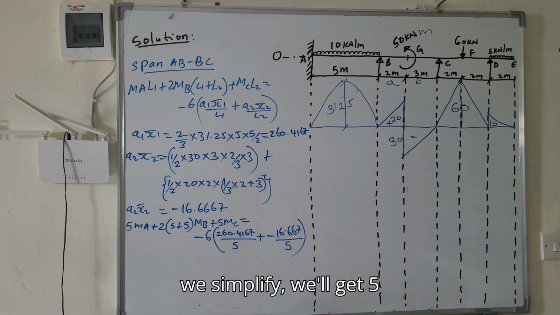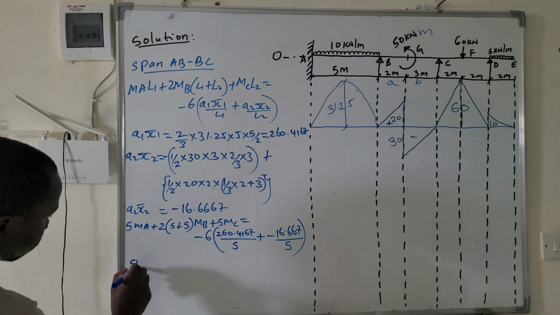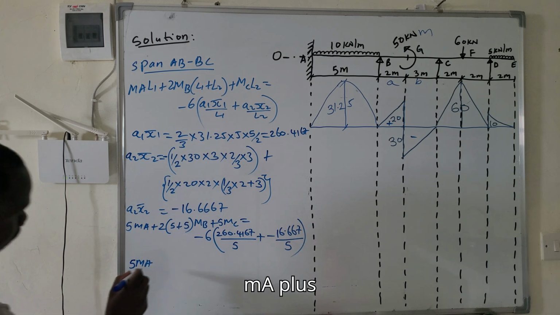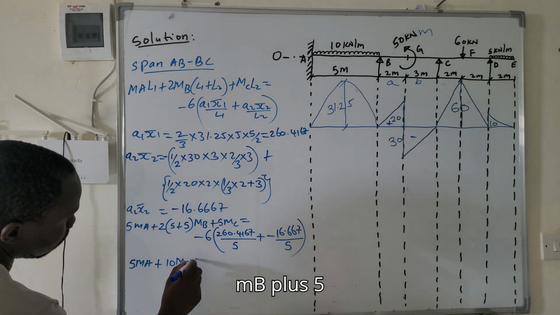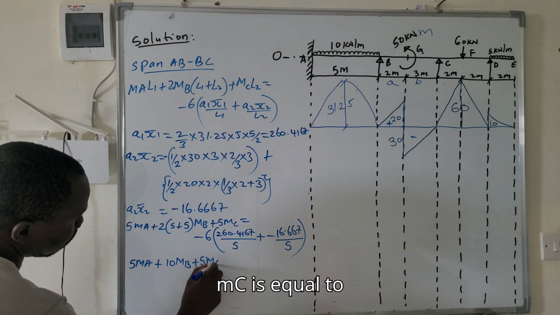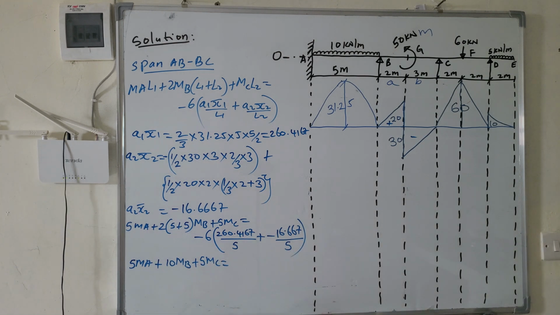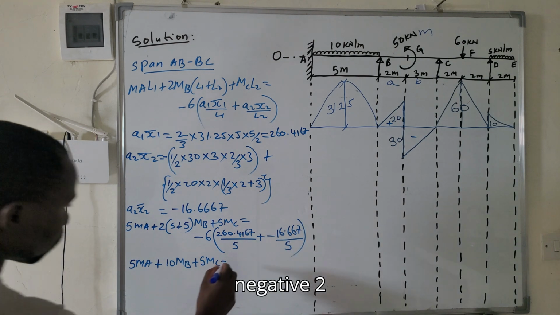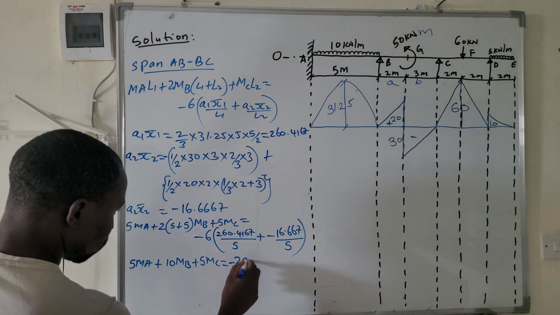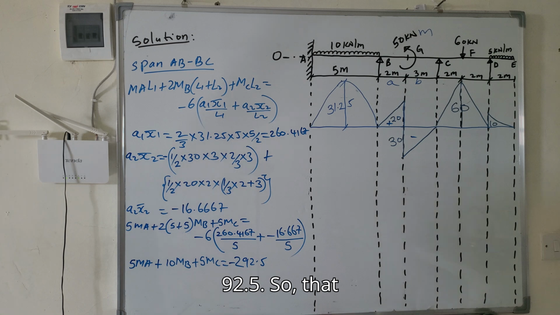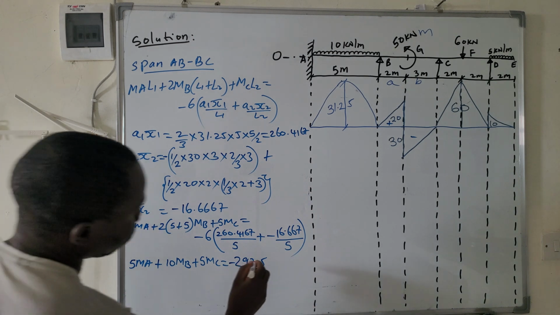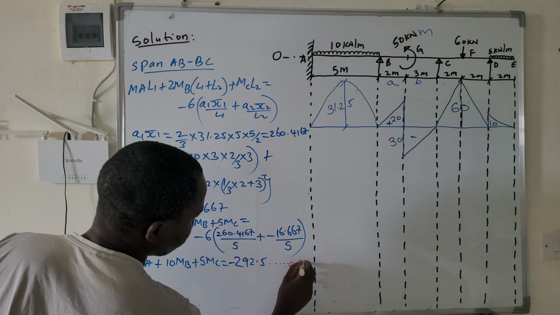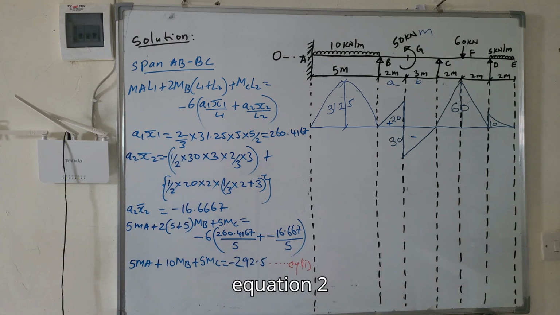So if you simplify, we'll get 5 MA plus 10 MB plus 5 MC is equal to negative 292.5. So that is equation 2.